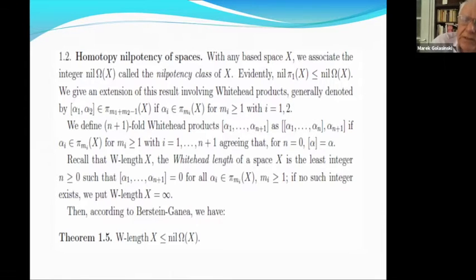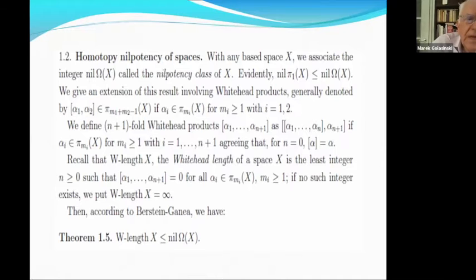So if a space has a perfect first homotopy group, then it follows that the nilpotency class of this space is infinite, because a perfect group is not nilpotent. But such spaces exist. For instance, if you take a space which has homology isomorphic to a sphere, and this space is not simply connected, then the fundamental group pi_1 of such a space is perfect.